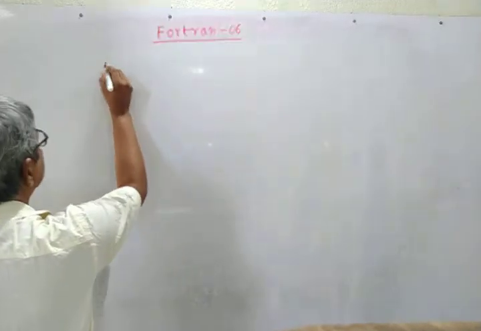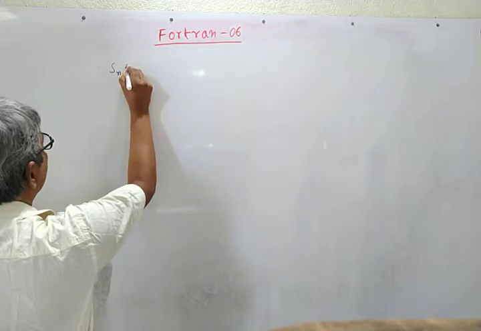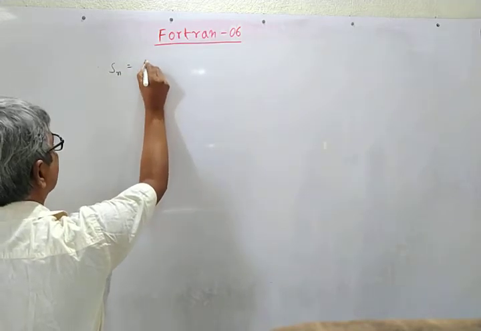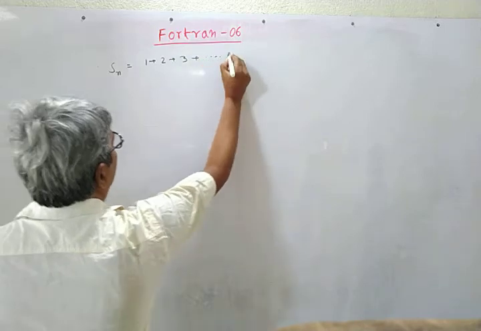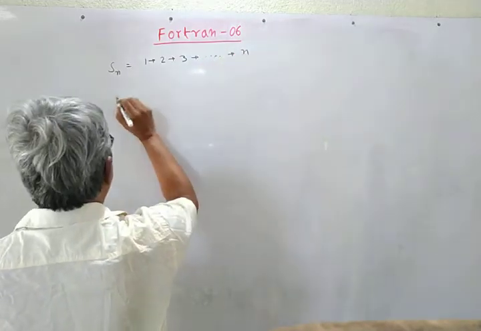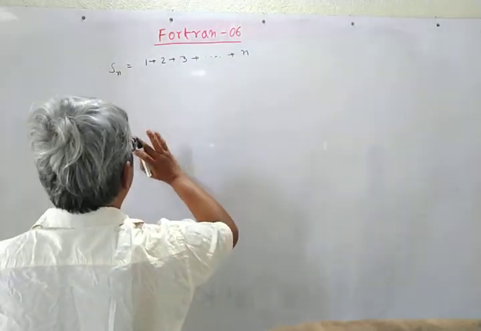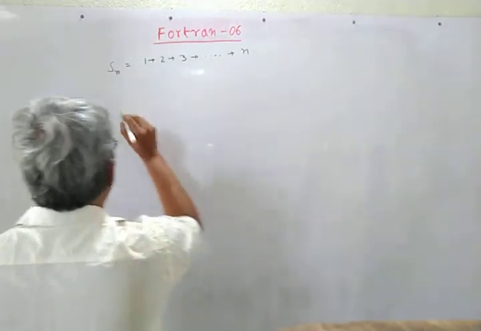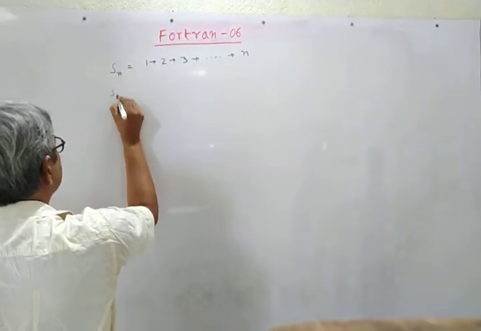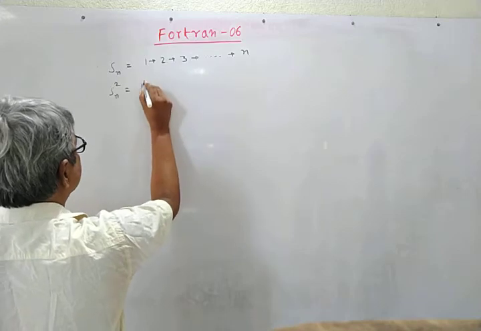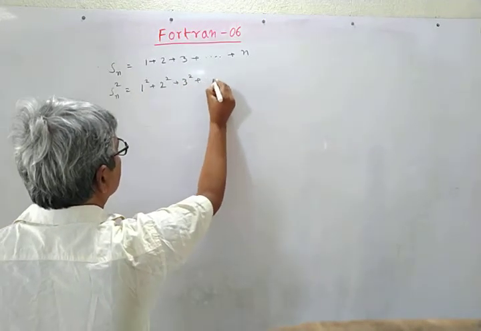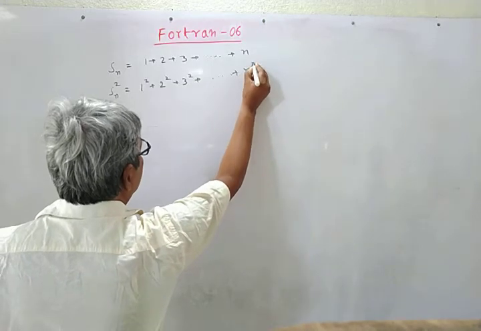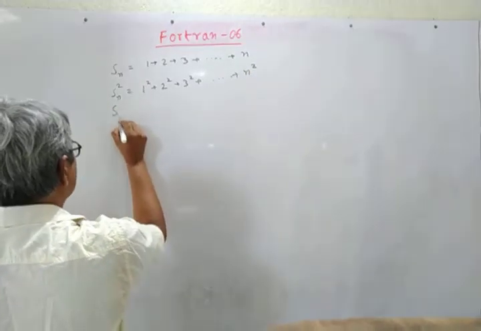The first problem is to calculate the sum of the first n natural numbers, Sn, then Sn square, which is the sum of the squares of the natural numbers, and Sn cube.